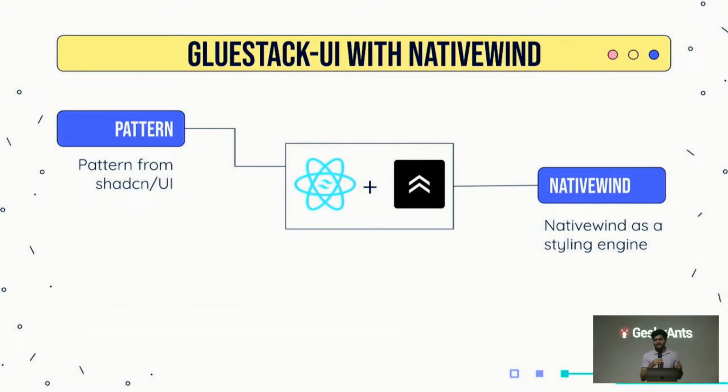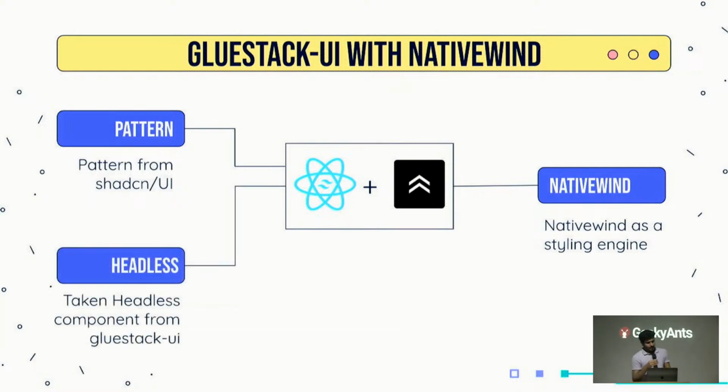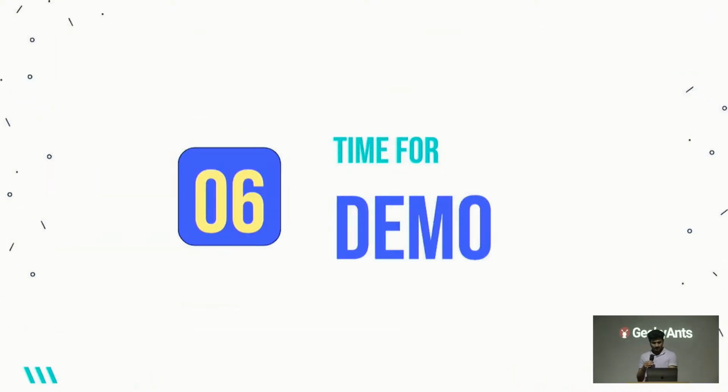So the styling engine used in GlueStack UI with NativeWind is NativeWind. And we also extracted headless UI components from GlueStack UI. We are combining them with all these things, and we are creating a pattern which you can use and scale as well.